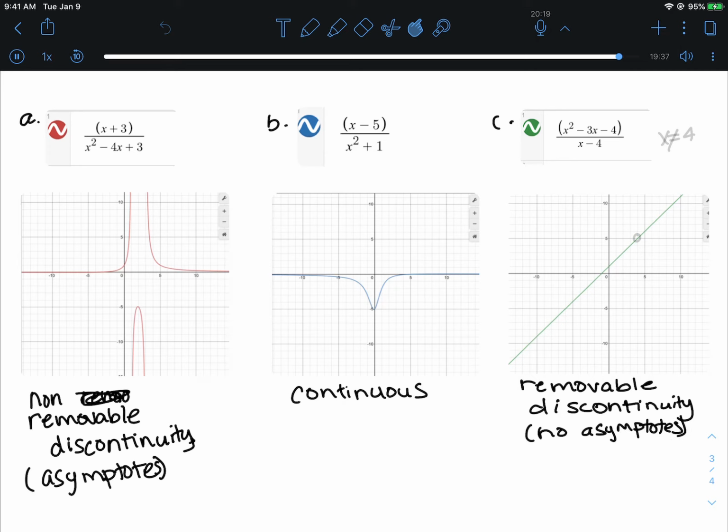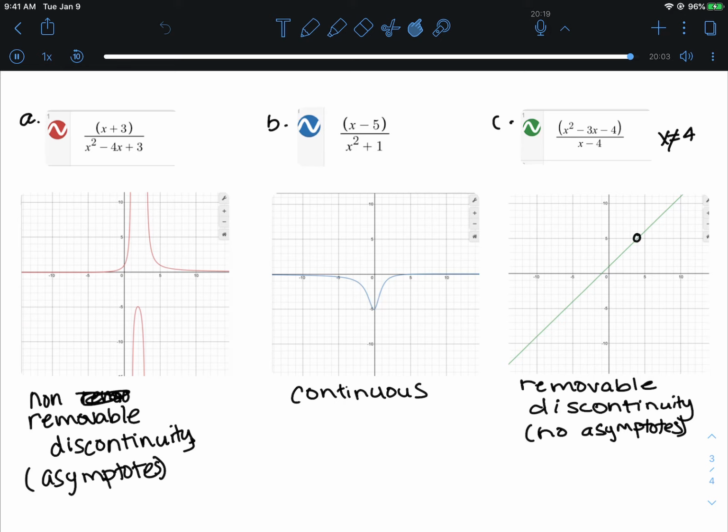So when I graph this at x minus 4, that means that x cannot equal 4 because that will be a discontinuity, so I would go to 4, and here I would draw an open circle. Okay, so just keep that in mind. So that's the difference between a non-removable, a continuous graph, and a removable discontinuity. That's what they'd look like.